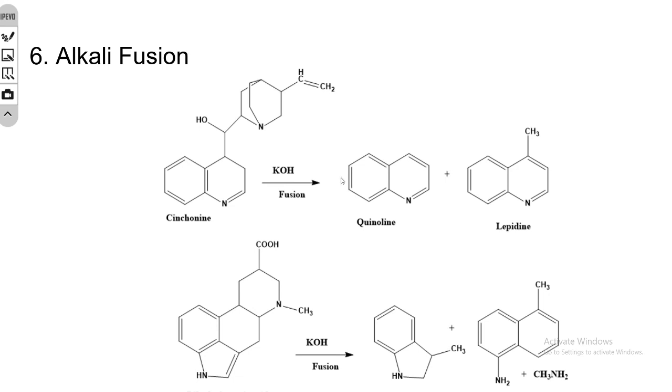Then we get simpler components like this, which are easier to analyze individually. After comparing the results, we can conclude that the original structure may contain a skeleton like this. This is another example, dihydrolysergic acid, and this is alkali fusion.